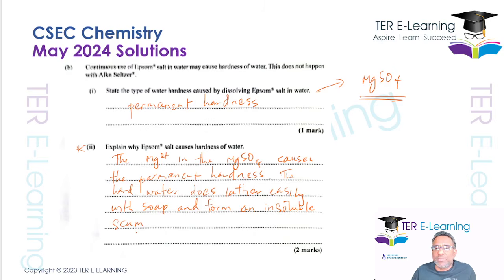And that scum is being formed because of the magnesium ions that are present, right? Let's see what else we have here.